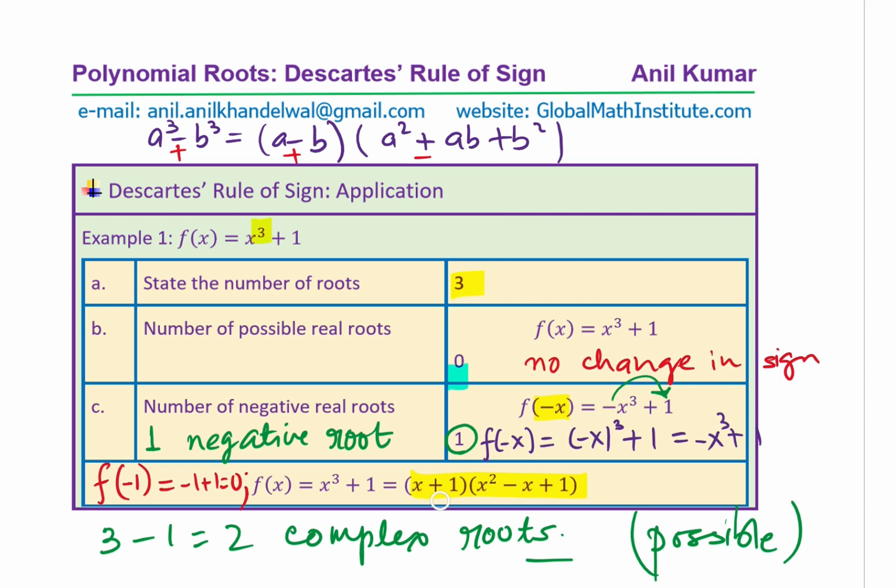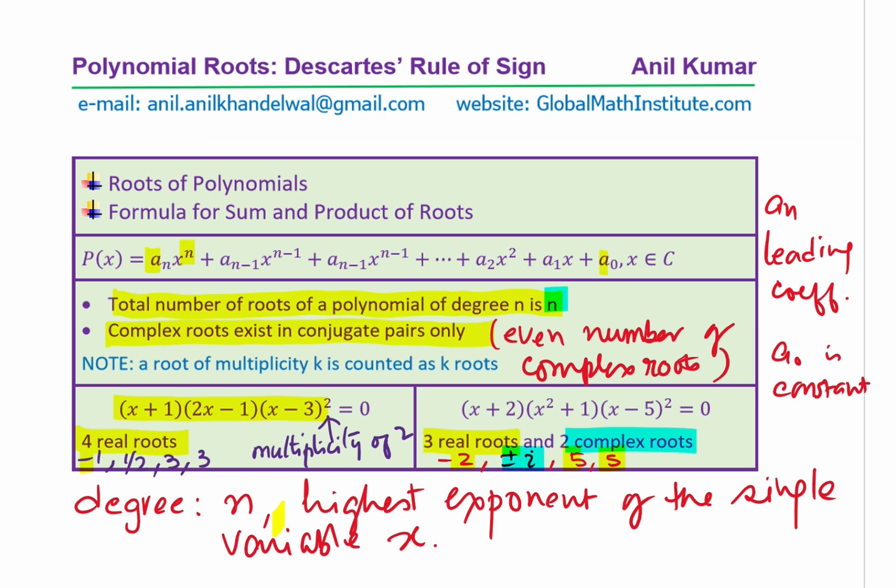Now, from the factored form, you can see that there is only one real root, which is at x equals minus 1, and the other term gives you two complex roots, correct? So this gives you two complex roots. Now, in this video, we will not be calculating the complex roots, but you could always apply the quadratic formula, which we discussed earlier, to calculate them.